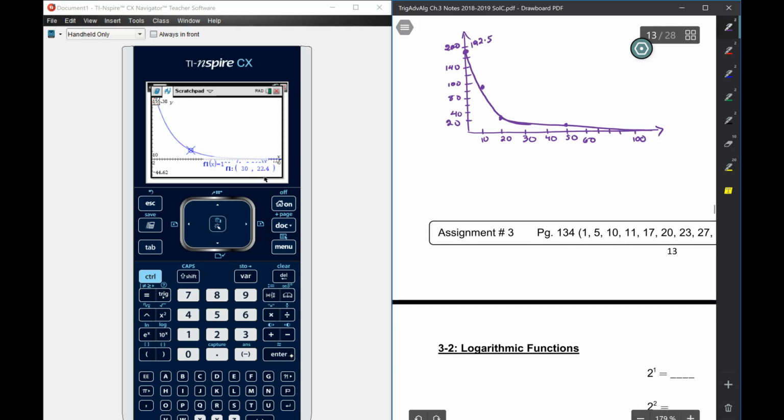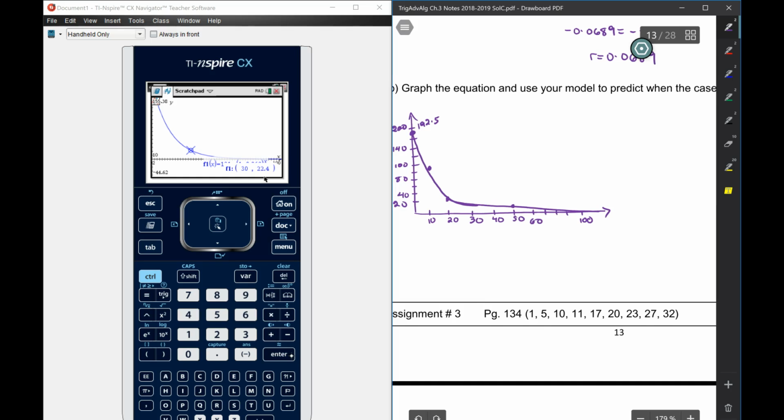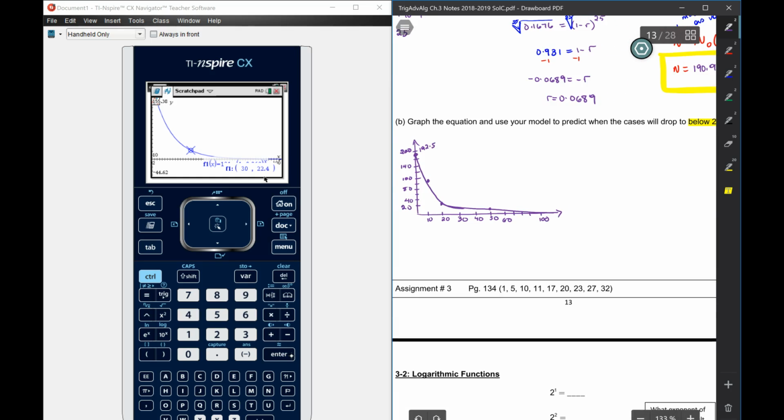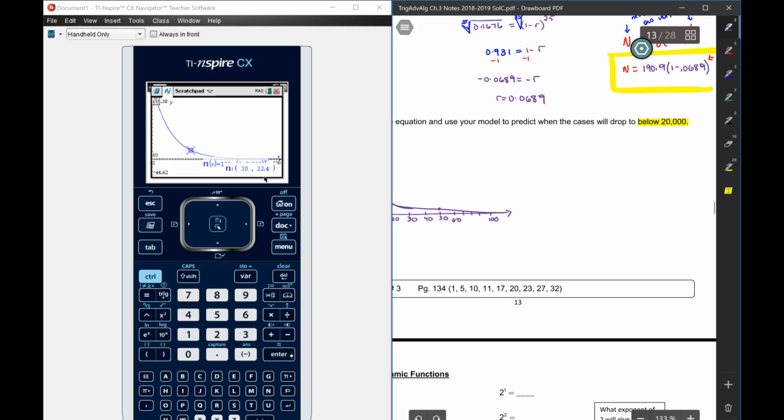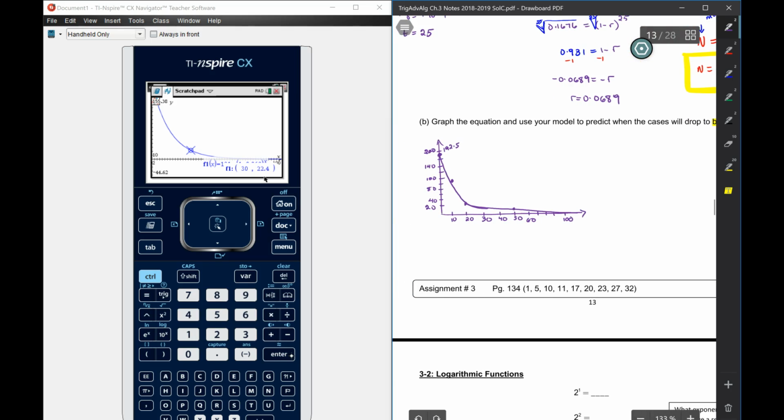Okay, so there I graphed it. Now it says predict when the cases will drop below 20,000. There is an asymptote, yeah. But it says, when will it drop below 20,000? 20,000 is right about here. So when does the y hit below 20,000?